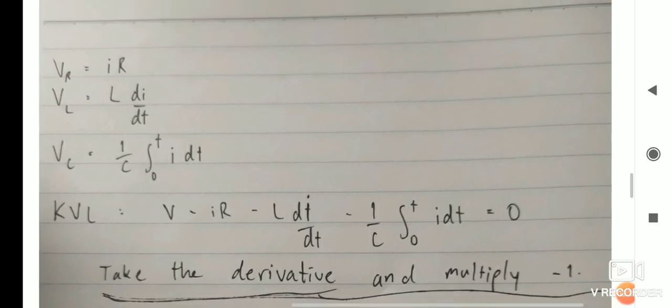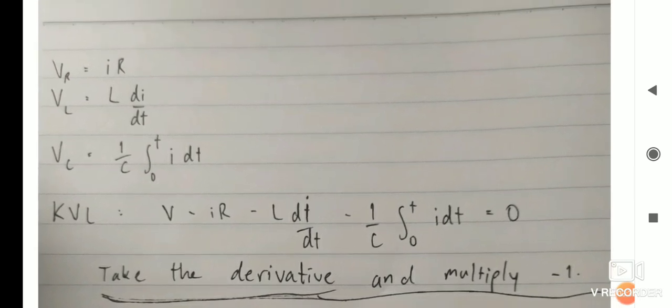So the second term is the voltage of the resistor, which is negative I times R. The third term is negative L times di/dt, which is the voltage of the inductor. And the last term is negative 1/C times the integral of I dt, which is the voltage of the capacitor. And everything in there must equal 0.